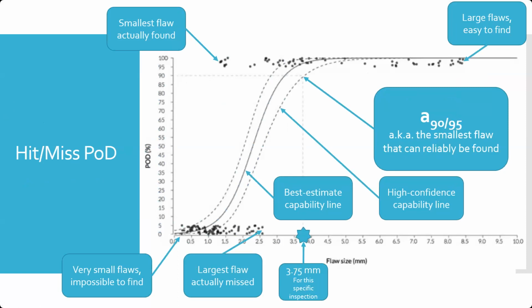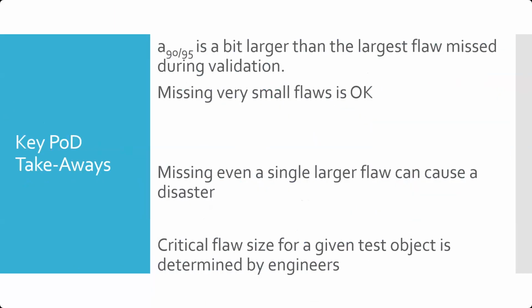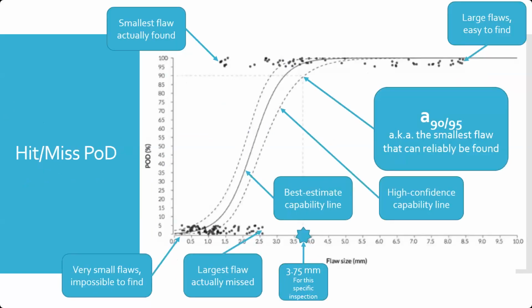And so there's that 3.75 millimeter for the specific part right there along the x-axis. Now, the key POD takeaways then are that A9095 is a bit larger than the largest flaw missed during validation. If I go back, you can see 3.75 in this case is almost 1.25 millimeters larger than the largest flaw that was missed.